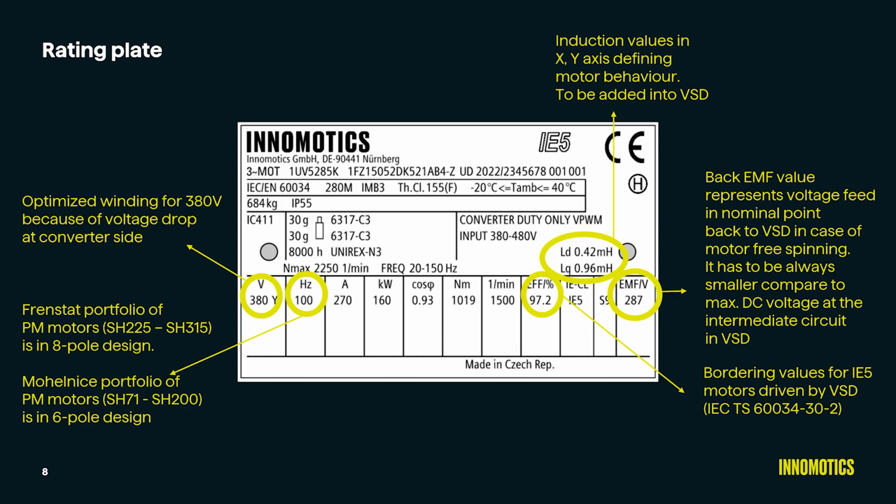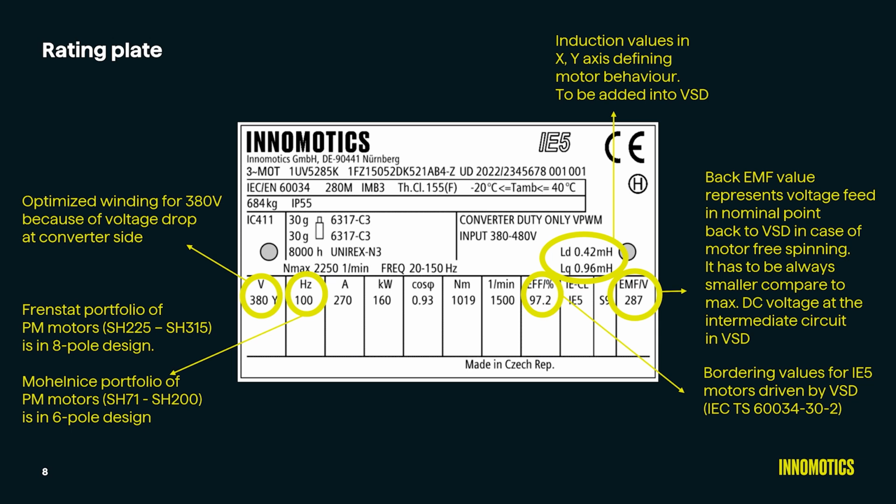We are always using a drive, therefore the frequency on the rating plate is always related to a nominal speed and nominal operating point. The efficiency value, which is stamped on the rating plate of the permanent magnet motor, is the bordering value of the IE5 efficiency class according to the standard. We have also there 2 values, LD, LQ, which are representing or defining the motor behavior at the frequency converter operation.